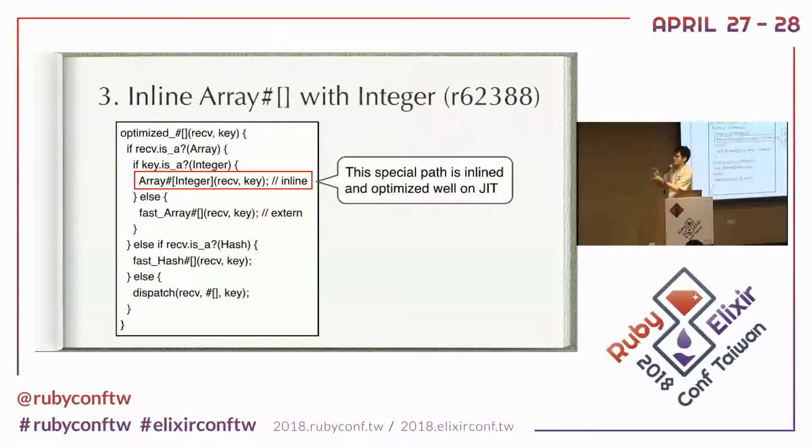If the receiver is an array and the argument is an integer, it inlines the array integer left method. So it's now faster. And we don't want to inline all of them because if it's too big, the C compiler can't optimize it well. So I only inline the very major branch.